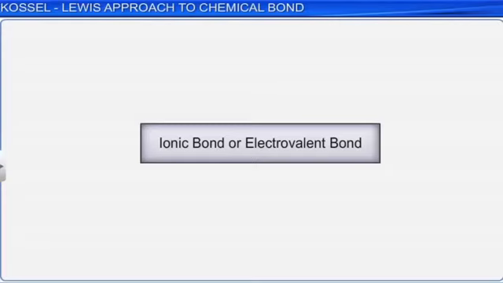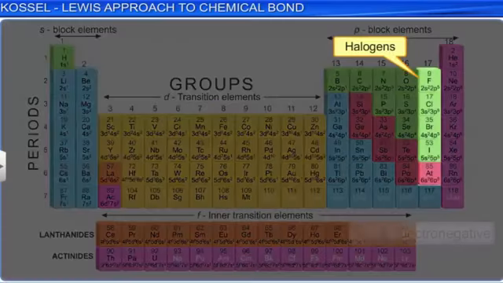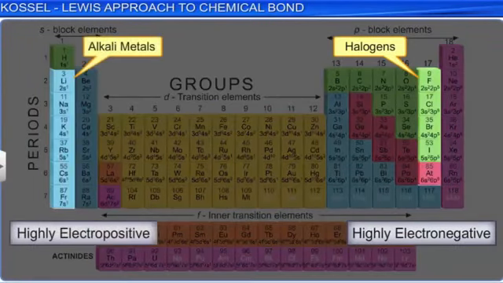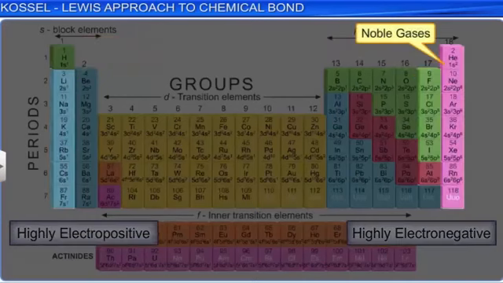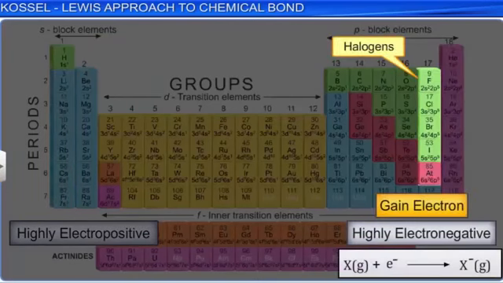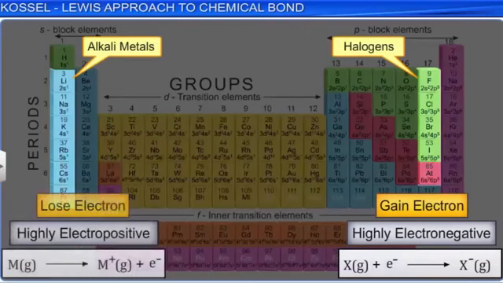Now, let us look at the formation of ionic bond or electrovalent bond, which was explained by Kossel by considering the following facts. Halogens which are highly electronegative and alkali metals which are highly electropositive are separated by noble gases in the periodic table. Hence, halogens gain an electron, whereas alkali metals lose an electron to form negative and positive ions respectively.